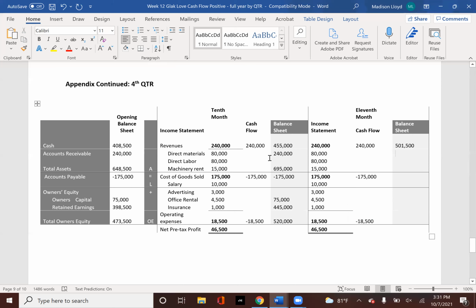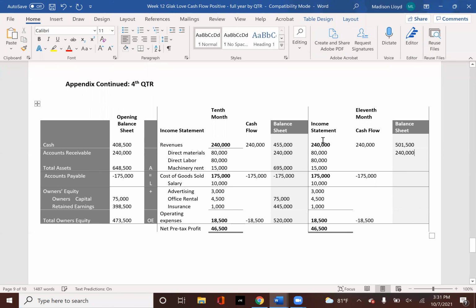You're going to do your accounts receivable, $240,000, because that's what you had right here in this month's revenues. That's what you have to receive. Move down to your total assets, which is your cash plus your accounts receivable, and that equals $741,500.